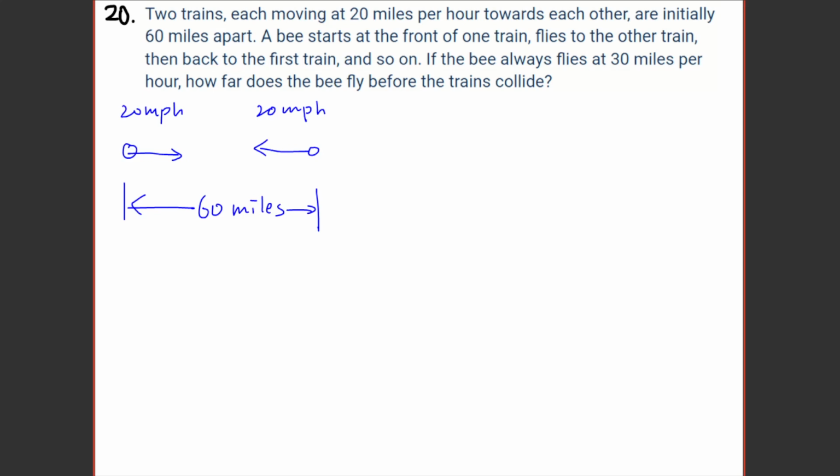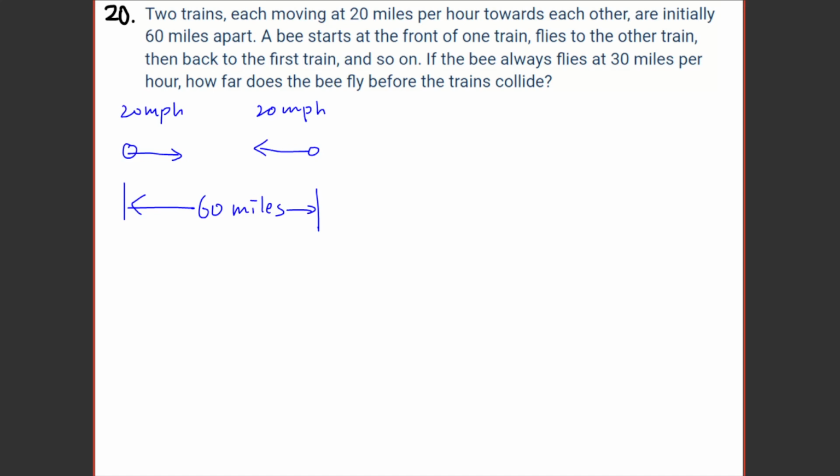So this is actually asking you to find how long it takes for the two trains to collide, right? Since the two trains each move 20 miles per hour, they approach each other at 40 miles per hour, right?